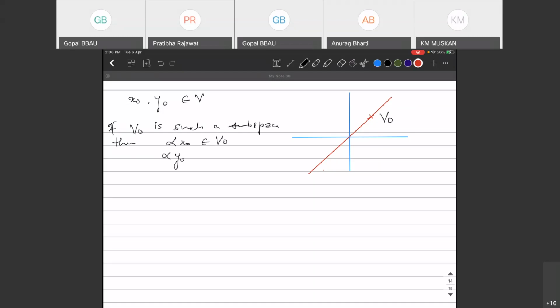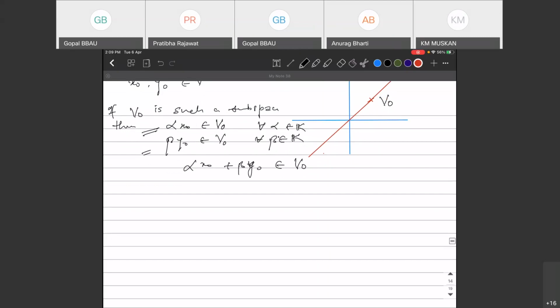Similarly, all scalar multiples beta y naught also belong to V naught. This is true for all alpha in K and all beta in K. But these are again vectors in V naught, and you know V naught is a subspace, so the sum of two vectors will again belong to V naught.